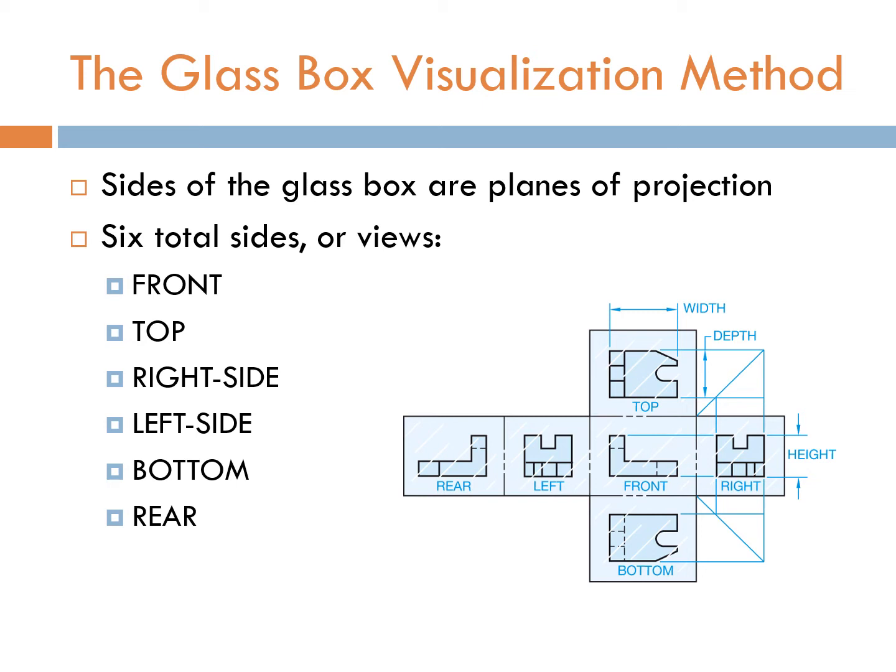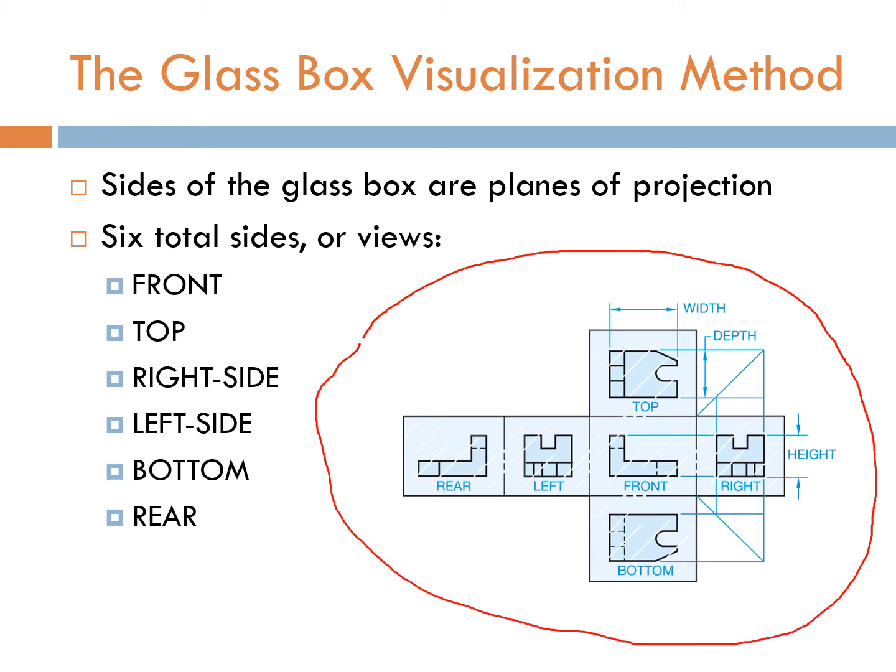By putting an object inside this box, if we shine some light to make the object project onto each one of the sides, and then we open it up, you will have these kinds of pictures to present the object in different faces. Each one of the faces is what we call a view.